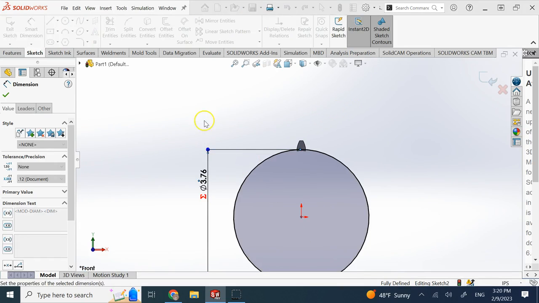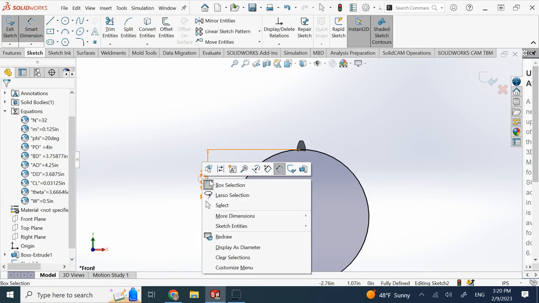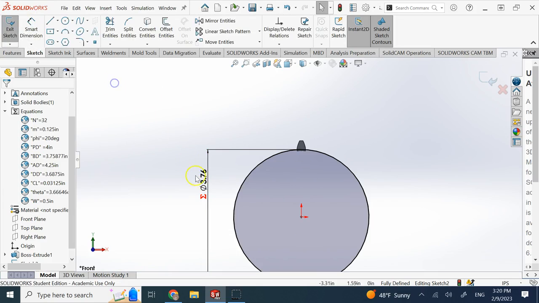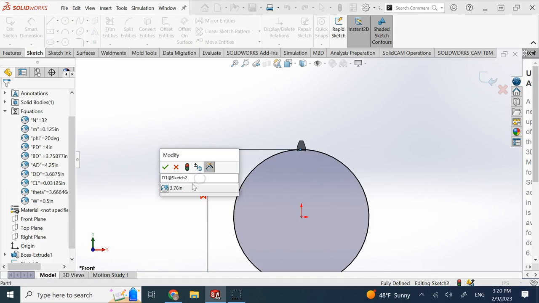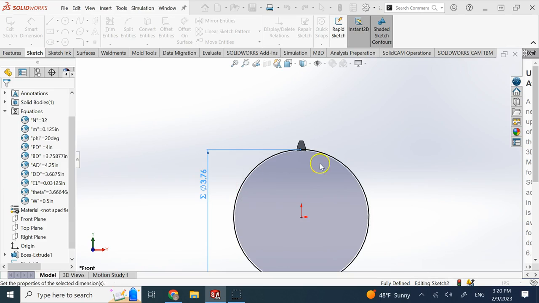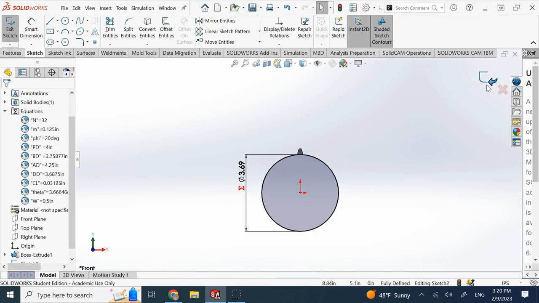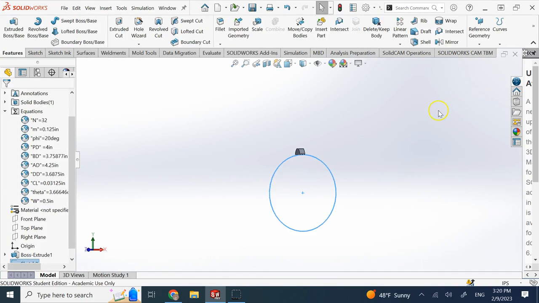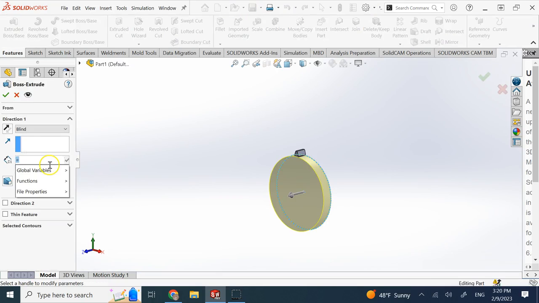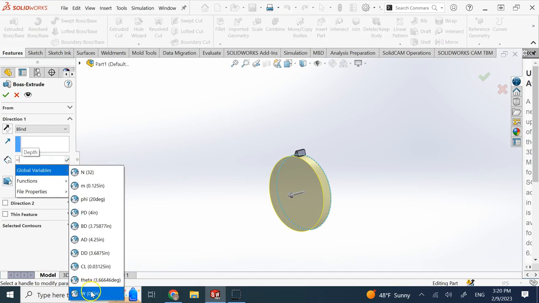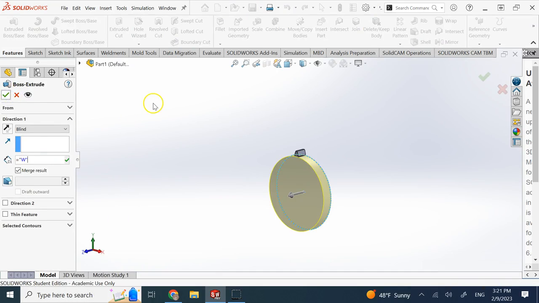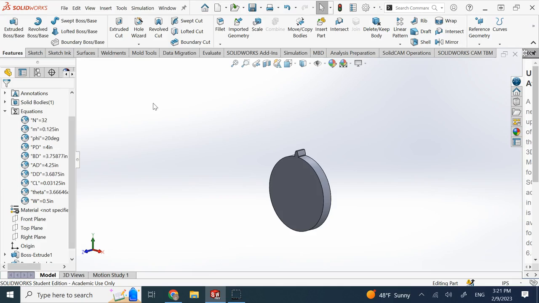This should be equal to the diameter of the root circle, the dedendum circle, which is touching this basically. And here we go, now I should be able to extrude this as well, equal to the width of the gear. And now I have the gear, as you can see.